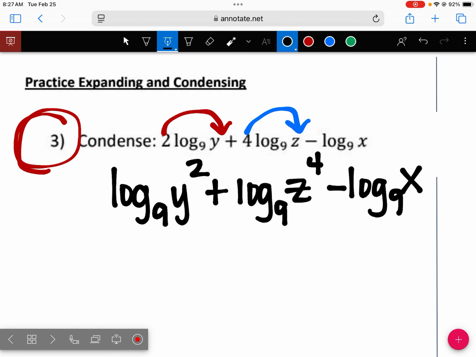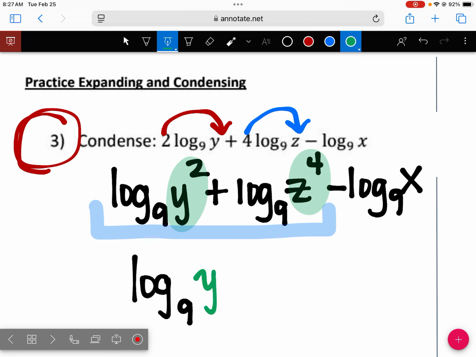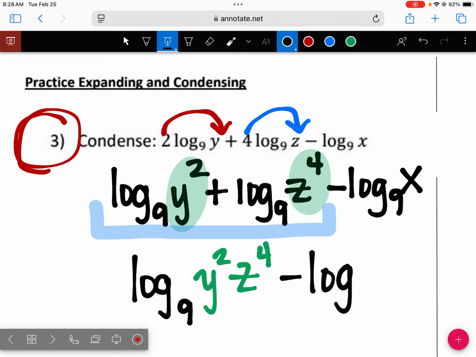The next thing we're going to do is look for addition. And we have addition, which means that these two that are being added are going to change to multiplication. Only this part. I'm not doing anything with this right now. So that's going to leave me with the log base 9 of y squared z to the 4th minus the log base 9 of x.